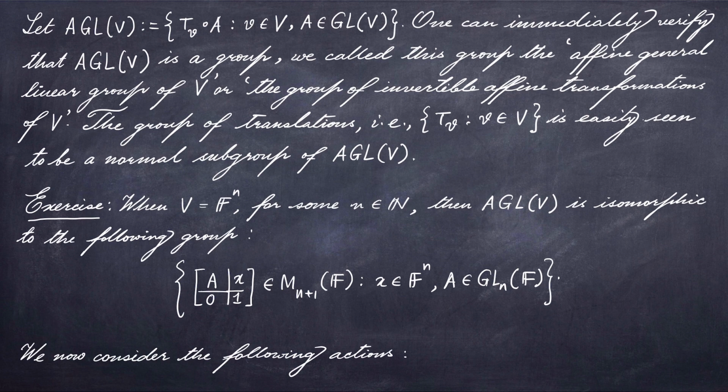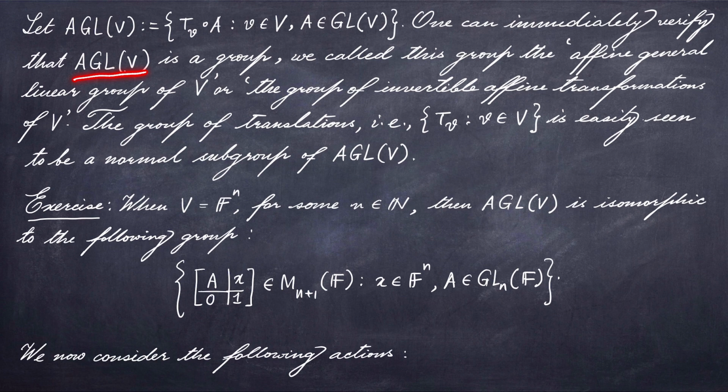So what is the affine general linear group? Later on we will see that this affine group can be obtained as a semi-direct product, but let's not get into that. An affine general linear transformation, or invertible affine transformation, as some authors call it, is nothing but an invertible linear map followed by a translation.